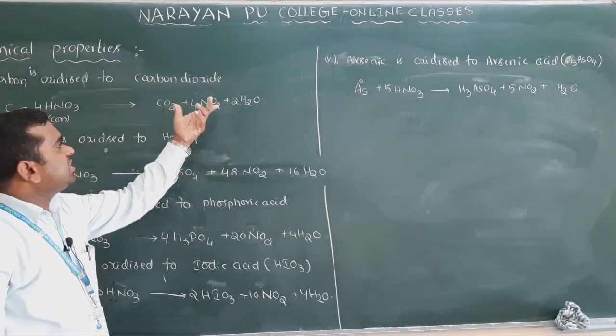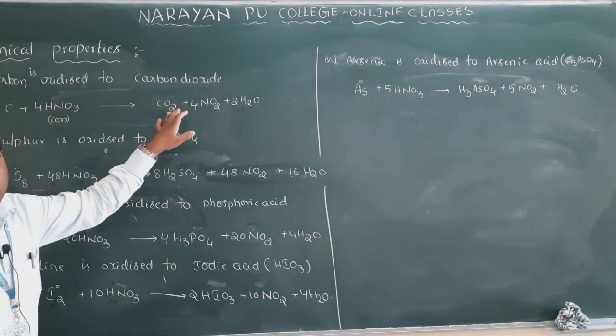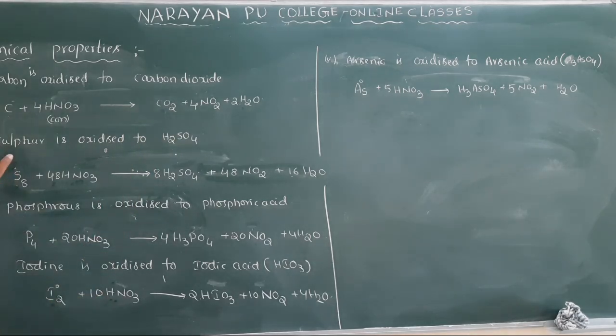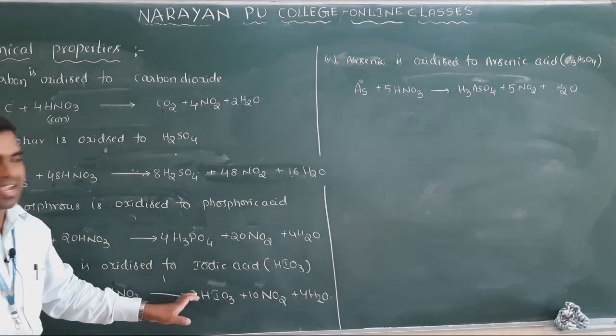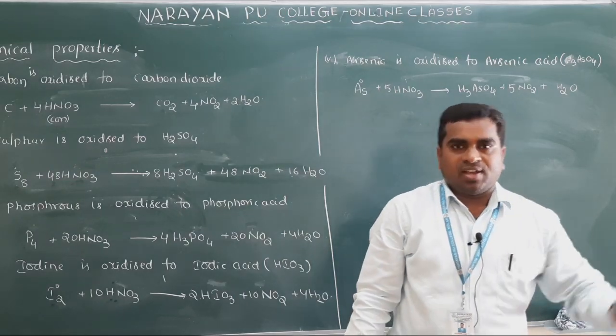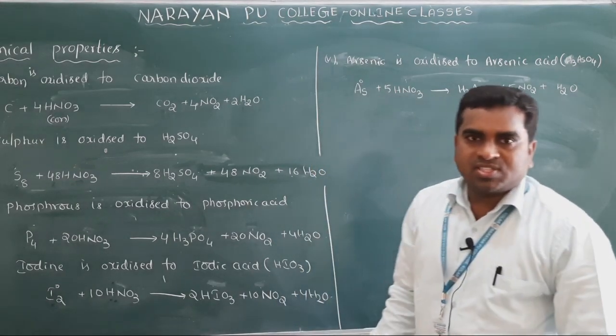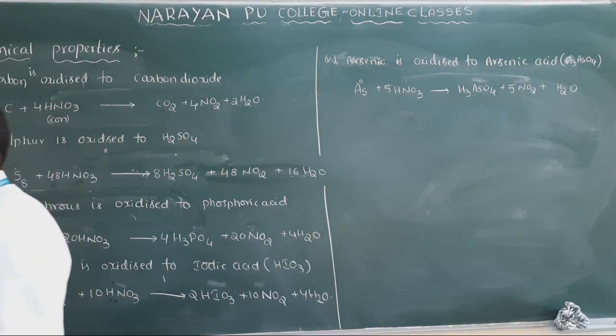But it is unstable, so that's why CO2 and H2O we have written. Carbon is oxidized to carbonic acid or carbon dioxide. Sulfur is oxidized to sulfuric acid. Phosphorus is oxidized to phosphoric acid. Iodine is oxidized to iodic acid. And arsenic is oxidized to arsenic acid. Clear?